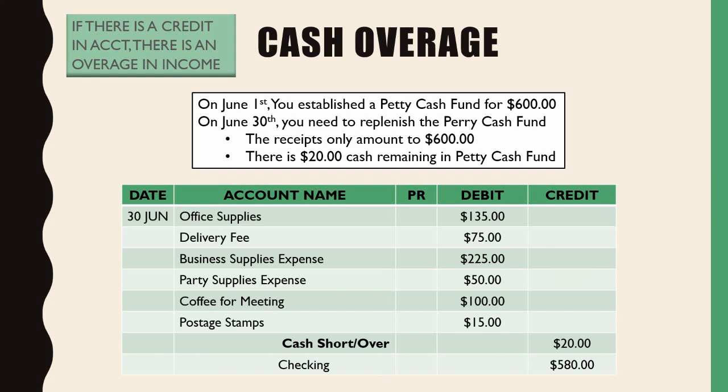So I just need to write my check out to be the total amount to equal up 600. So in this case, $580 will give you a total in the petty cash drawer of 600. Okay. So again, a good example would be if a customer says keep the change and you don't take it out of the register, you just leave it in there. Okay.